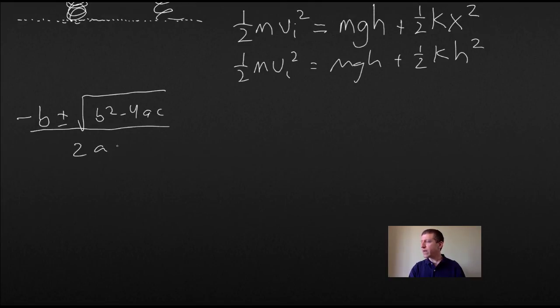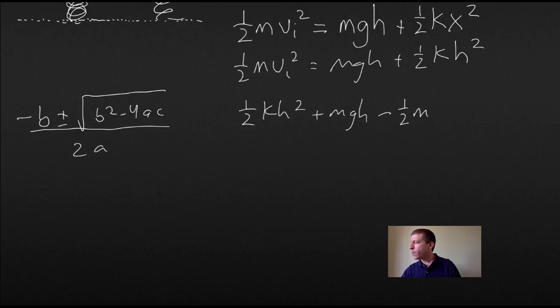And we got to put this into a slightly different form. We're going to have to rewrite this as 1/2 kh squared plus mgh, and I'm going to subtract 1/2 mv initial squared from both sides, minus 1/2 mv initial squared is equal to 0.